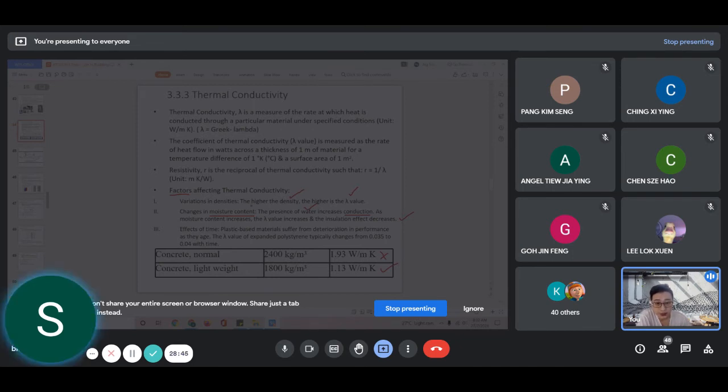So this is how changes in moisture content can reduce the insulation effect of the building. Okay, so then finally we have the effect of time.